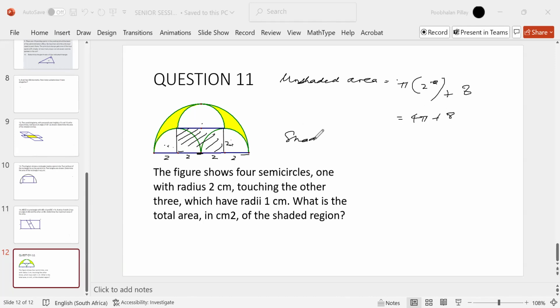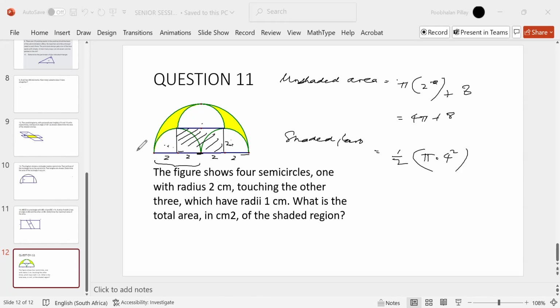And the area of the shaded part is equal to the full area minus the unshaded. The full area is half a circle, half the circle whose radius is 4. So it's half of pi times 4 squared.